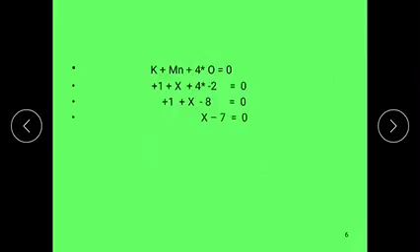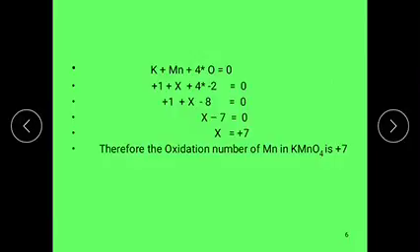Then X minus 7 is equal to 0. Then X equals +7. Therefore, the oxidation number of manganese in KMnO4 is +7.